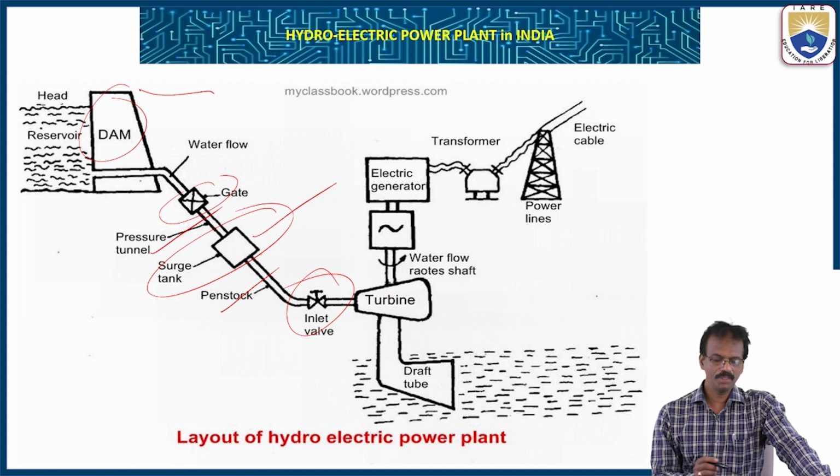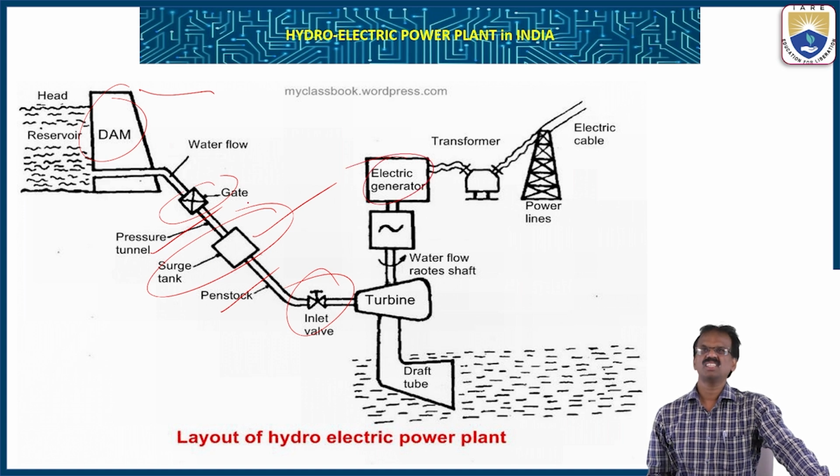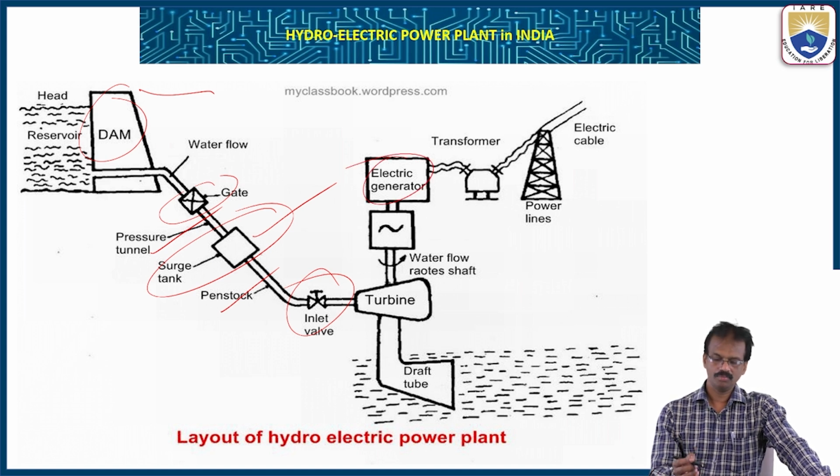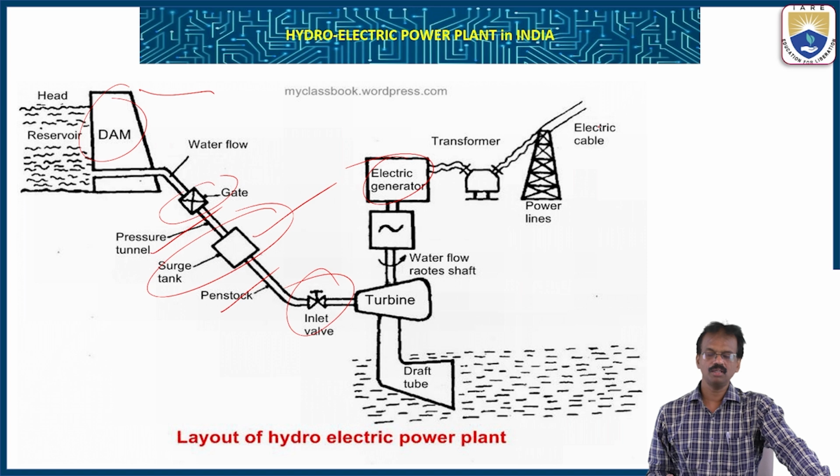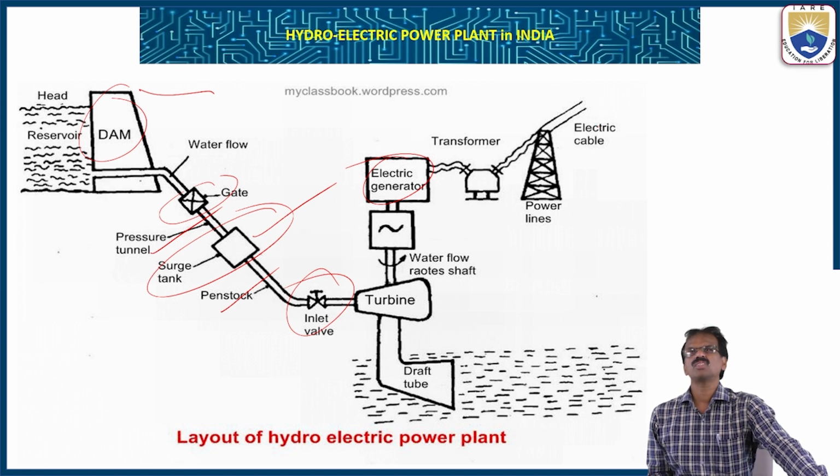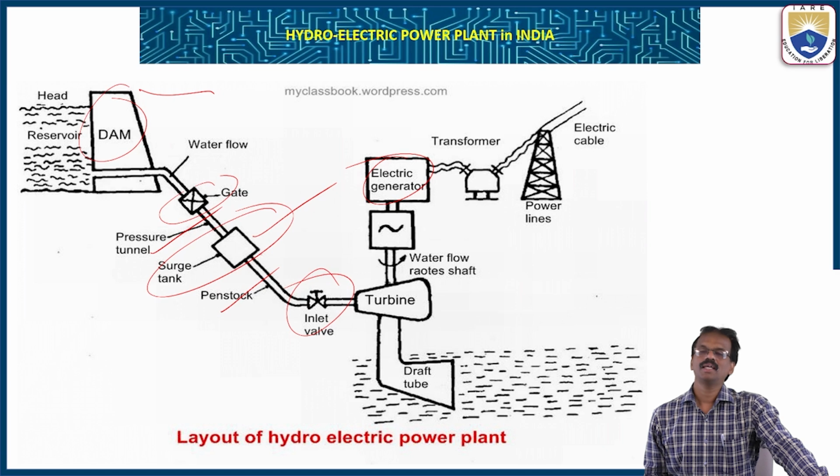This high-pressure water runs the turbine. This turbine is connected to the generator. Automatically, the generator will run, and due to this generator, the mechanical energy is converted to electrical energy. This is the process of generation of electrical energy from water power.